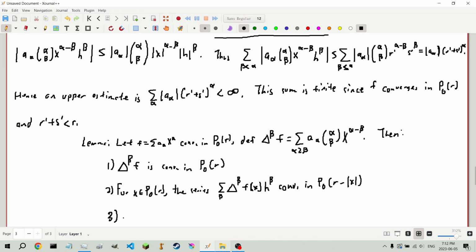And third, once again, for x in P naught of r and h in P naught of r minus the size of x, f of x plus h is the sum over beta of delta to the beta f of x times h^beta.